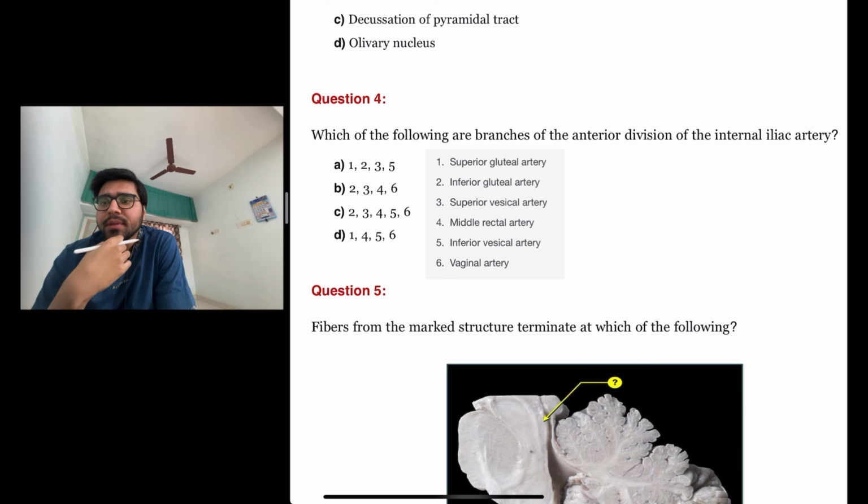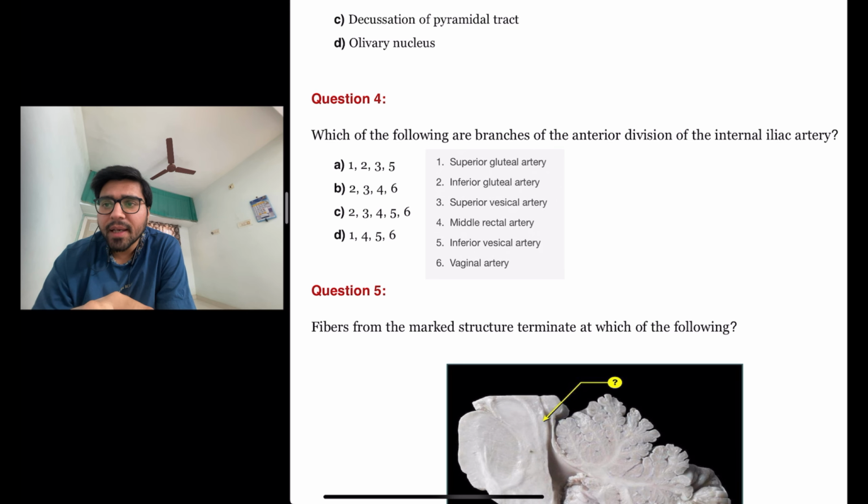The next question is which of the following are branches of the anterior division of the internal iliac artery? So this is a question about the vascular supply, talking about the branches and different divisions, the anterior and posterior divisions.